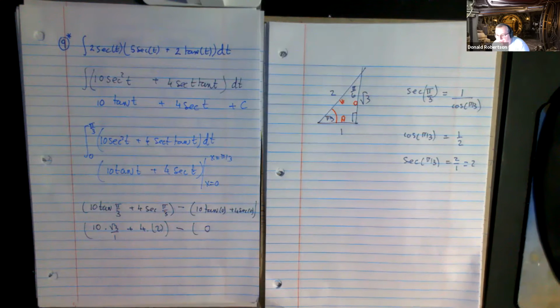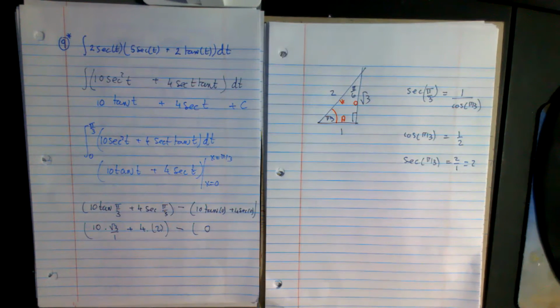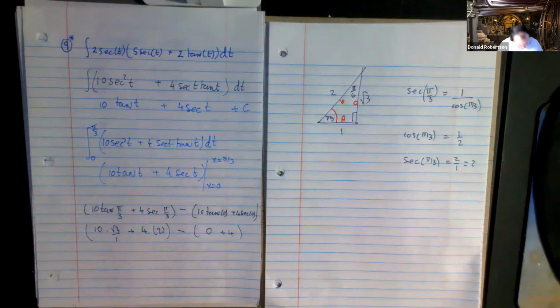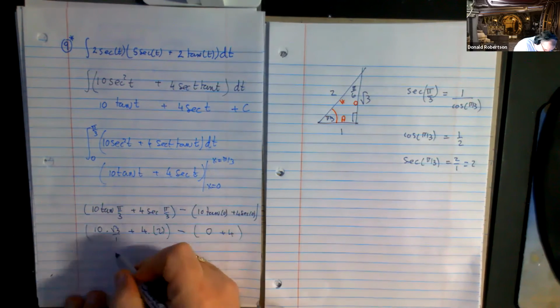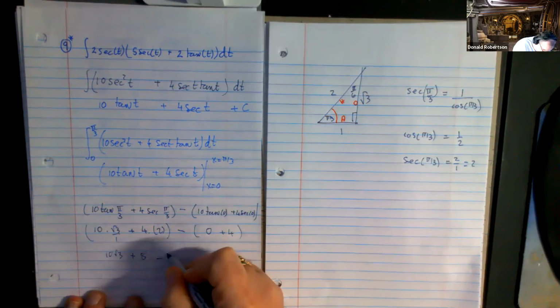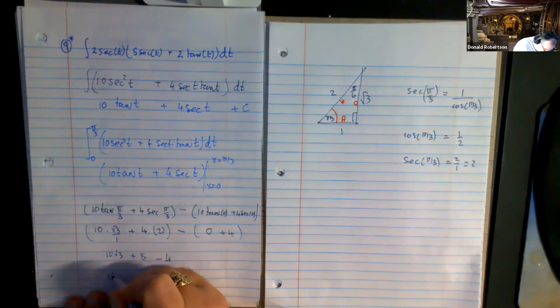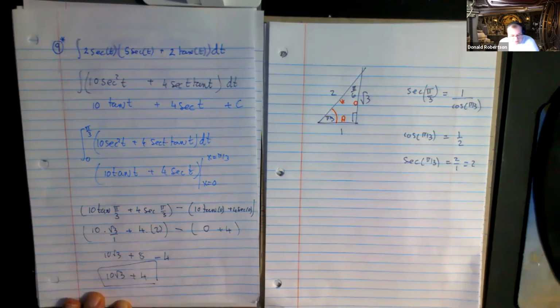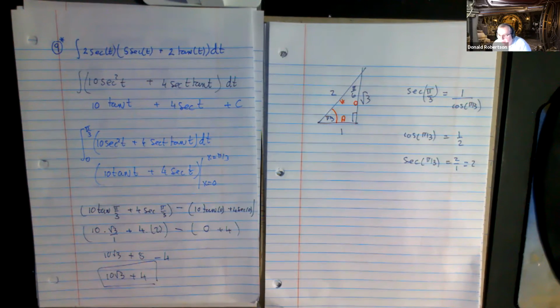Which would be 4 times 1 over the cosine of 0. What number, and it is a number, is 4 sec 0? Is it 1? Yeah, so 4 sec 0 gets you 4. So this becomes 10 root 3, add 8, take away 4. And so this becomes 10 root 3, add 4. And that is the answer.